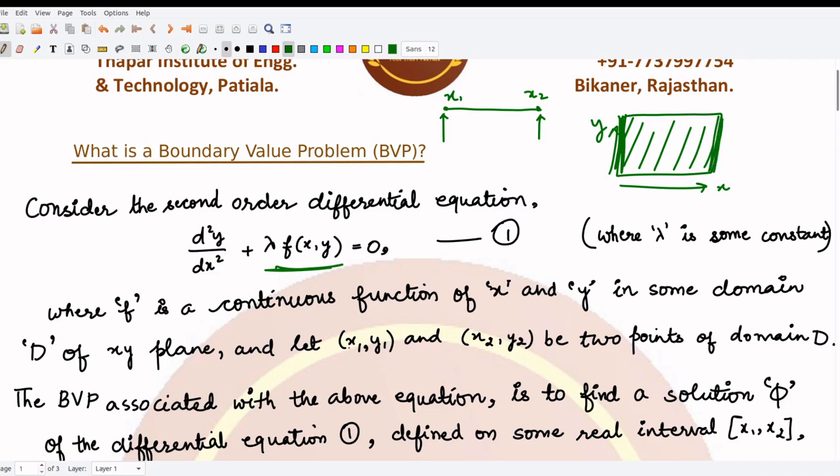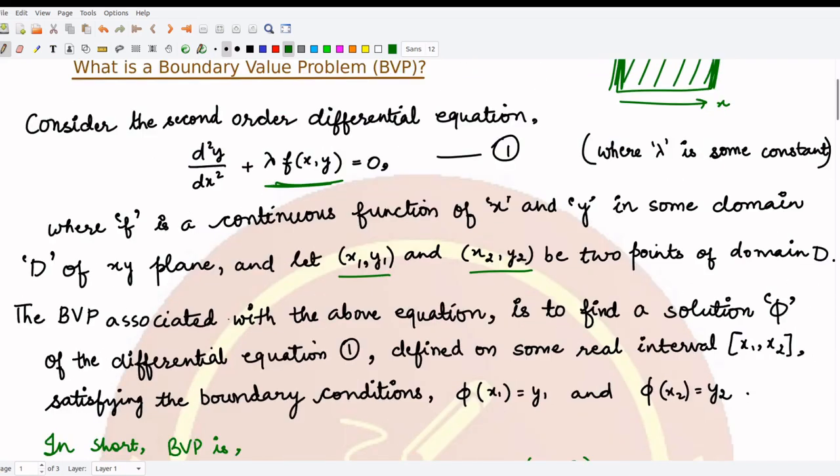So here if we take 2 points x1, y1 and x2, y2 in our domain D, then what would the boundary value problem be? It is to find the solution, let's call that solution phi, of this particular differential equation, which is defined in the interval, that means we are taking the 1D case.